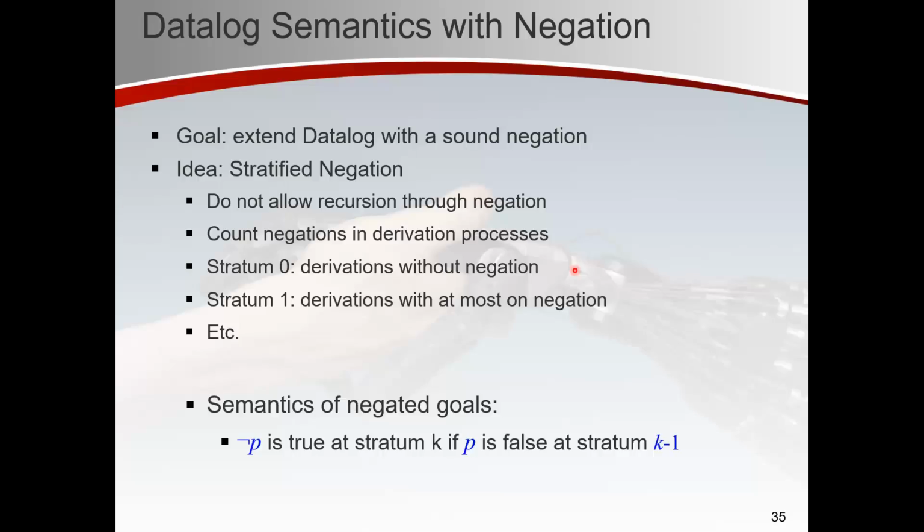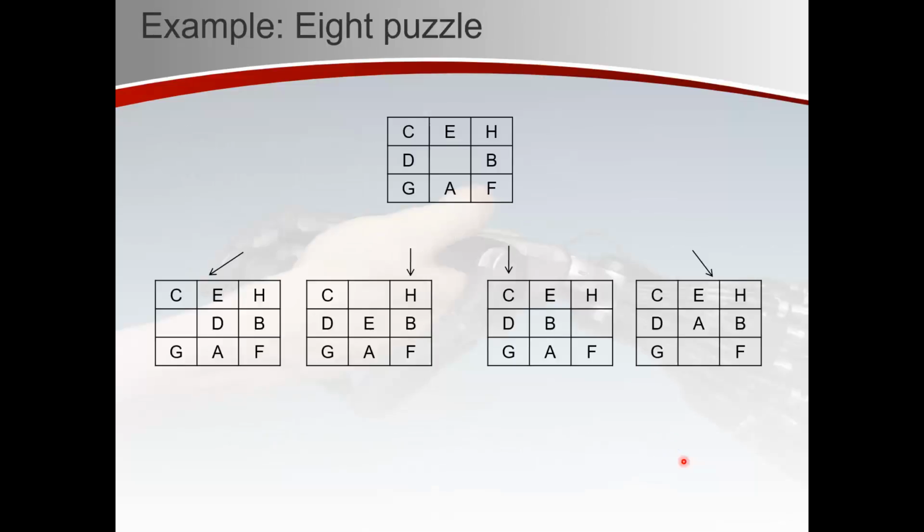In stratum 0 we have only derivations without negation. Then we have derivations with at most 1 negation, and so on. And we say the semantics of these negated goals is that not P is true at stratum K if P is false at stratum K minus 1. We'll look at that in an example now.